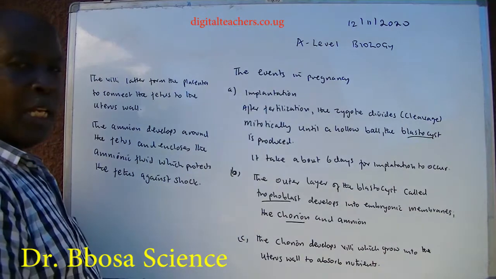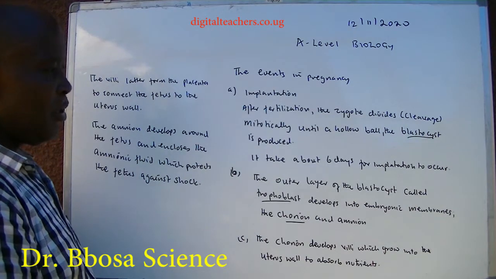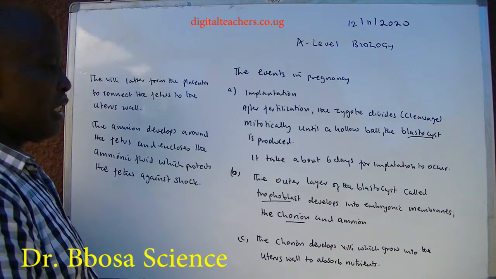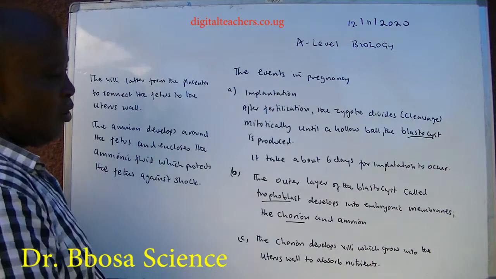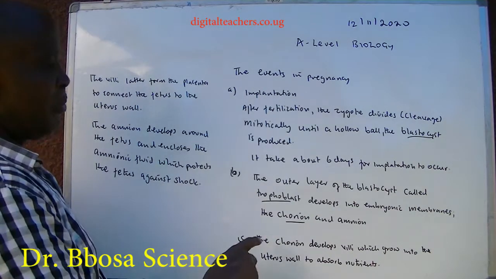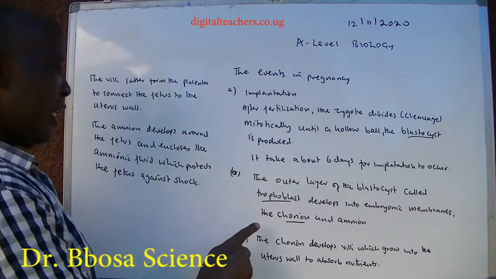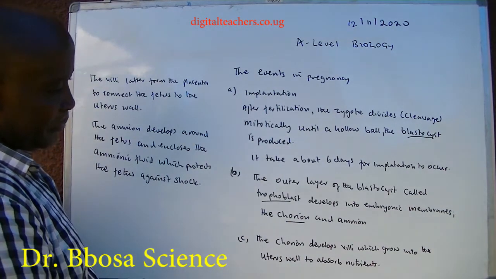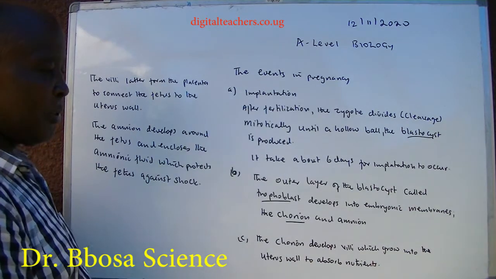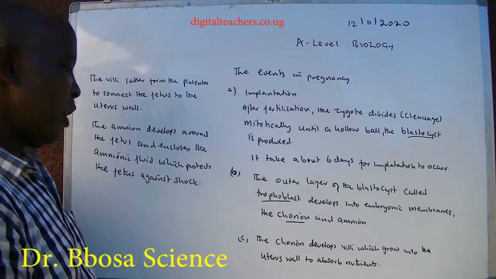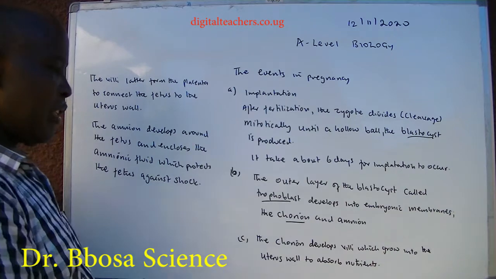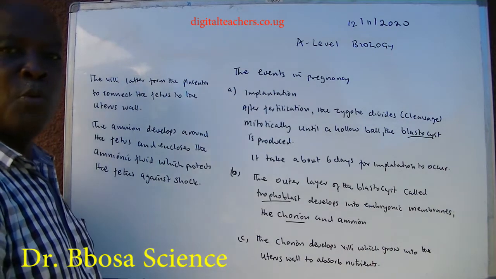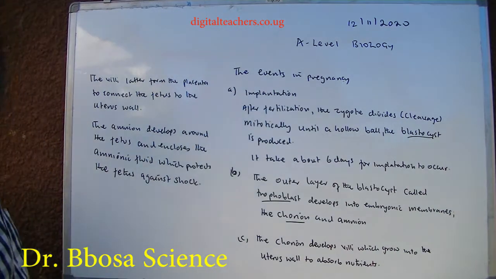B, the outer layer of the blastocyst, called trophoblast, develops into embryonic membranes, the chorion and amnion. The chorion develops villi, which grow into uterus wall to absorb nutrients.